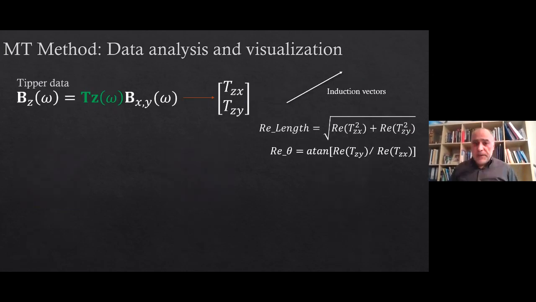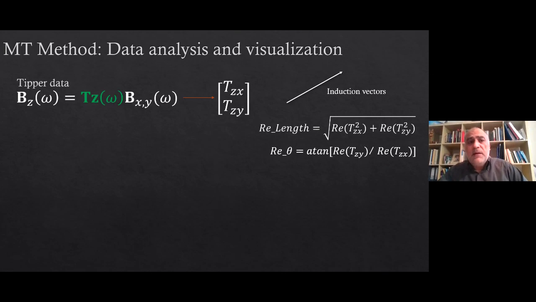The other component, tipper data, as I said, is a complex number again, and it's a function of period, and usually it is visualized in terms of induction vectors. You can derive the length of the vectors by taking the square root of both components, and the phase or the rotation of these vectors by taking the arctangent of the real to imaginary part of the two components.